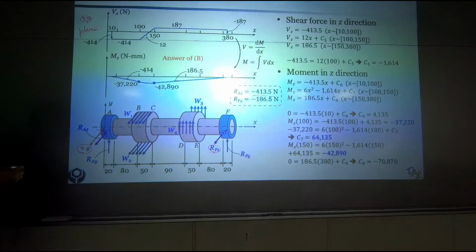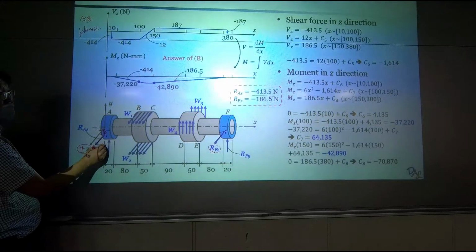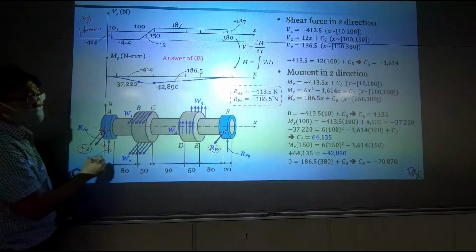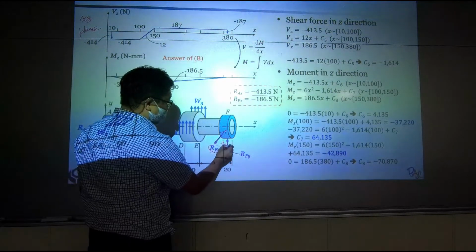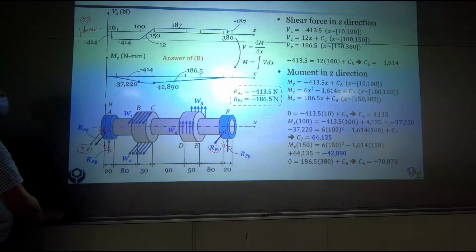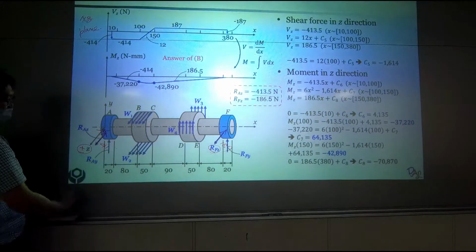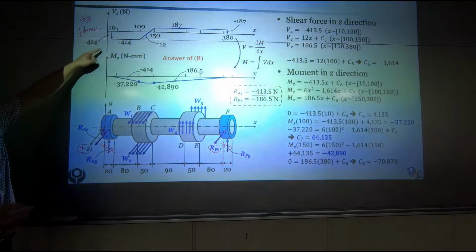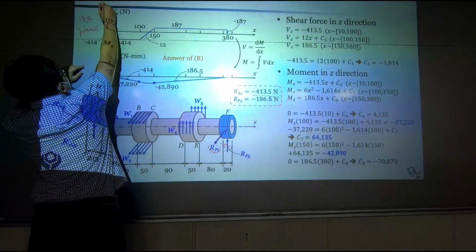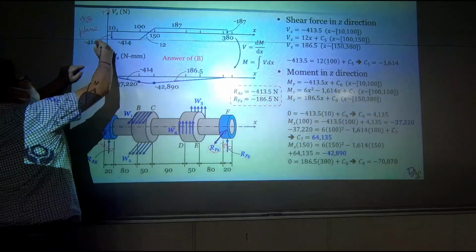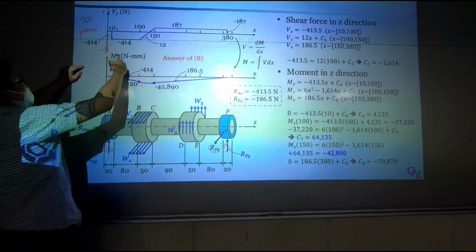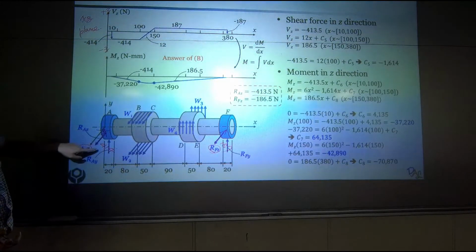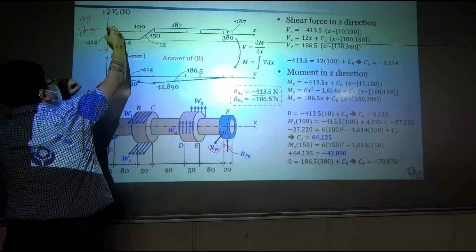The magnitudes would be 413 and also 187, 414. Okay, and when I plot this diagram, this is positive z direction. So going downward, this is negative z. So supposedly we should draw it downward.